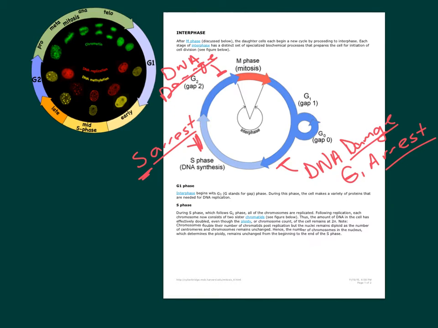So these are the three checkpoints during the cell cycle where the cell checks to see that everything's going well, and if there's any issues, the cell does not go on to M phase, where it does cell division. And we're going to go through cell division quickly when we get back from our Thanksgiving break.